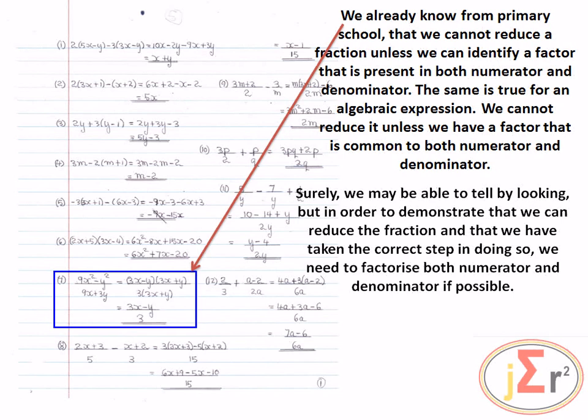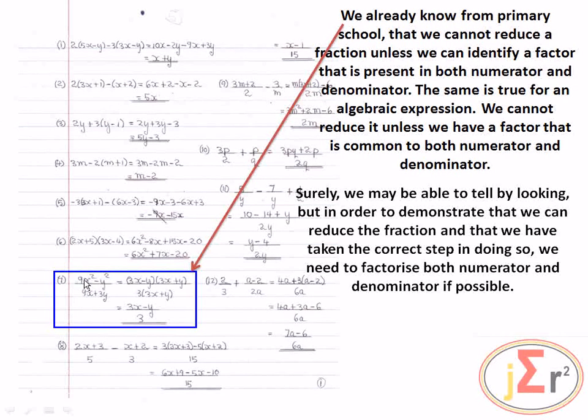Surely we may be able to tell by looking, but in order to demonstrate that we can reduce the fraction and that we have taken the correct steps in doing so, we need to factorize both numerator and denominator if possible. Now what I'm saying is that you see this 9 here and the other one right here, you immediately cancel the 9s because you see 9.